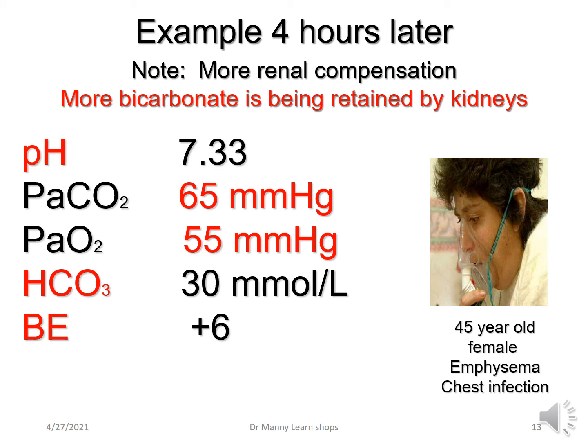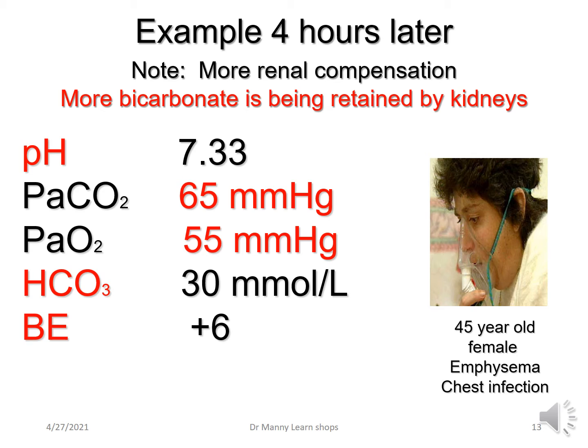Then 4 hours later, there's more renal compensation. There's more bicarbonate being retained by the kidneys. We can see that. It's gone from 27 to 30 millimoles per litre. It's gone from plus 4 to plus 6. So the alkaline reserve bicarbonate has increased and the total body bicarbonate has also increased. And, have a look, the pH has changed.